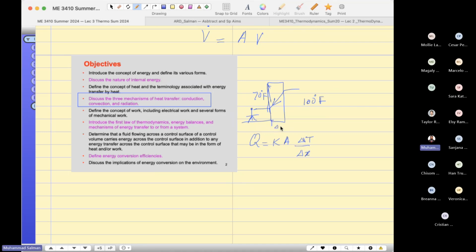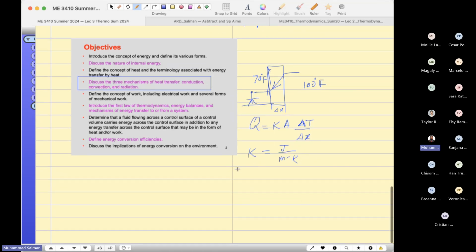This is the thickness of wall, the temperature difference is 100 minus 70, and K is the thermal conductivity, which is joules per meter per Kelvin, and we will talk more about it. This is the formula for heat through conduction. And for convection, the formula is overall heat transfer coefficient times area times delta T.